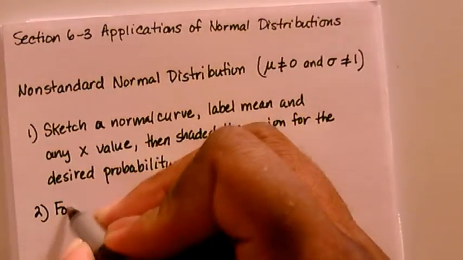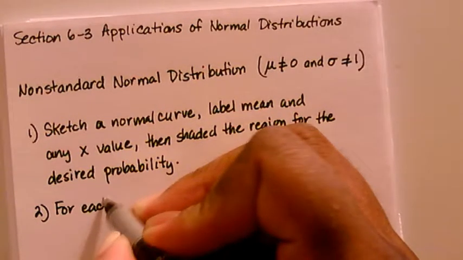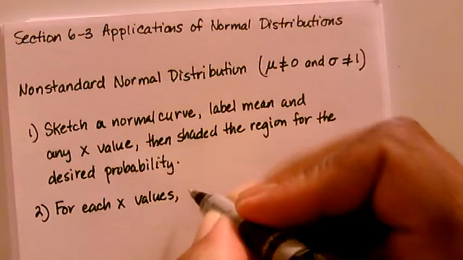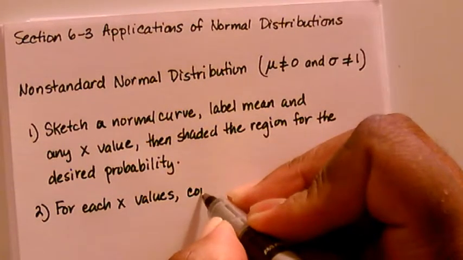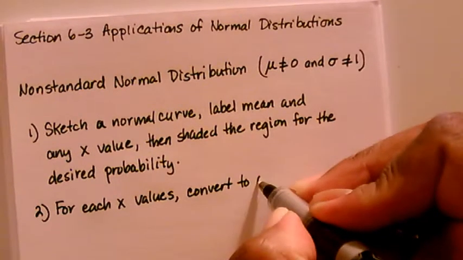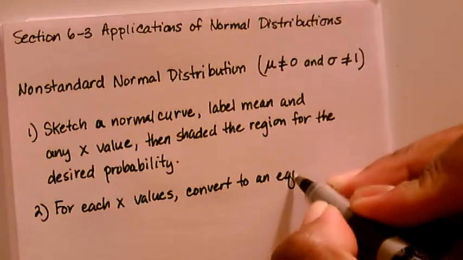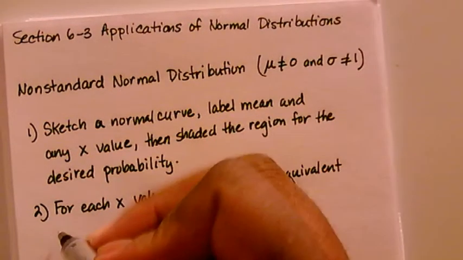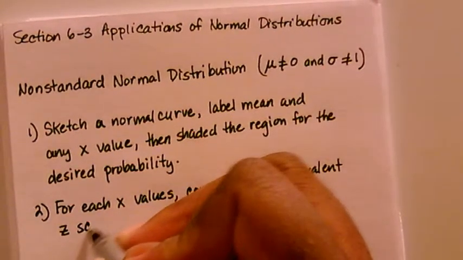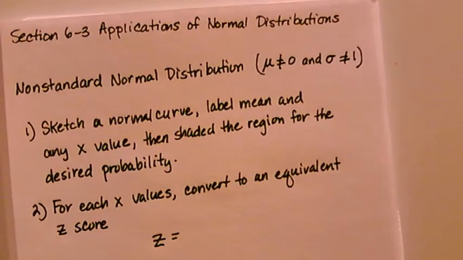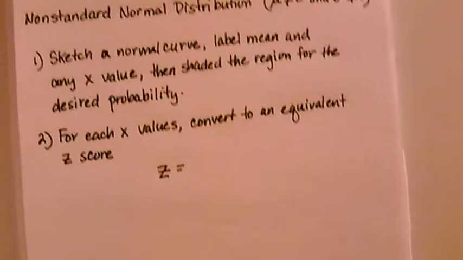Alright, step number 2, for each x value, you're going to convert to an equivalent z-score. And if you recall, I'll go ahead and give you this formula for the z-score.